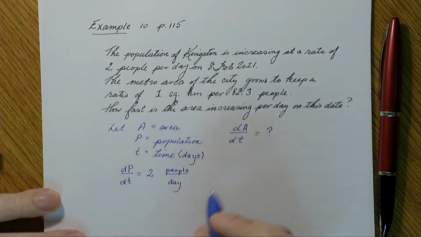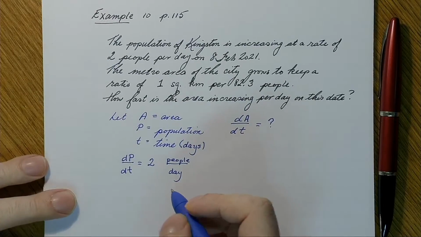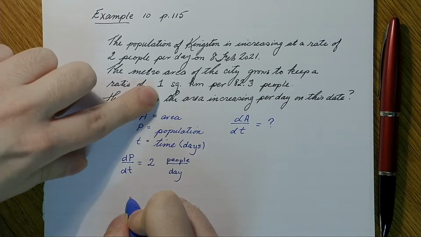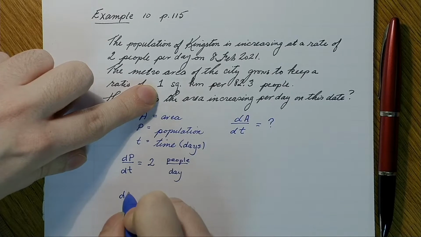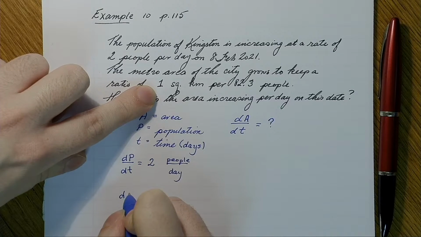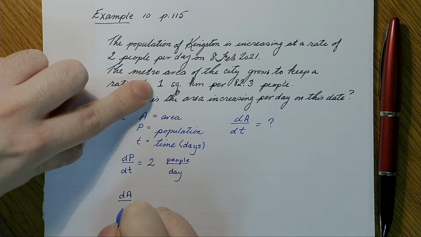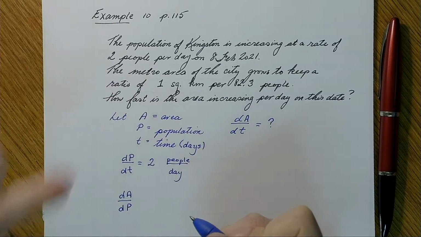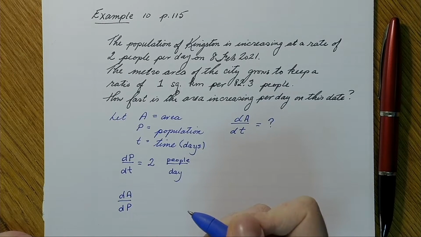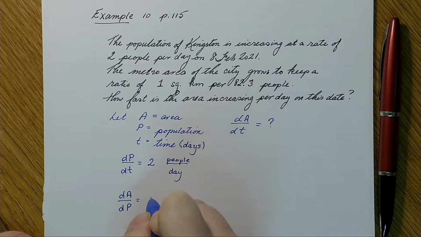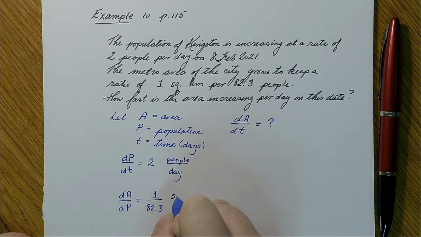So that means the change in area over the change in population, dA by dP, is equal to 1 over 82.3, square kilometer per people.